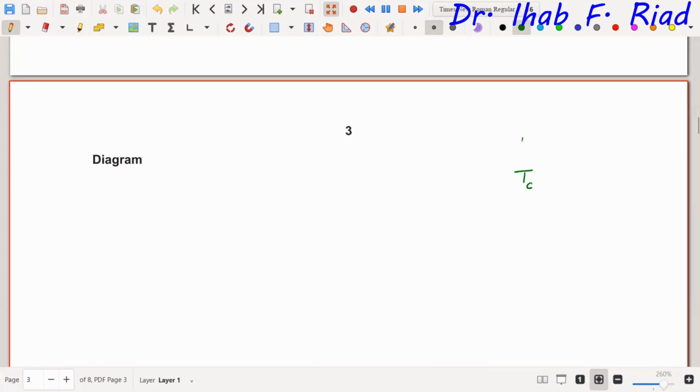And we have T. Is that right? Yes. We have, what else? D. Small d, right? What else? And length. A length, L.